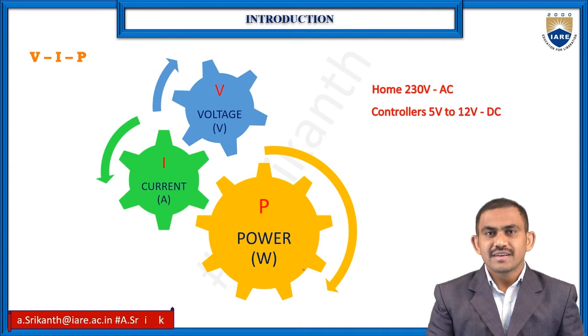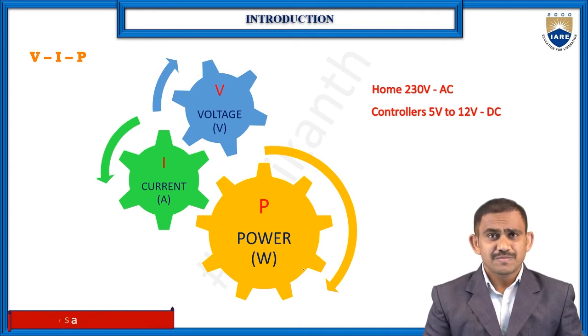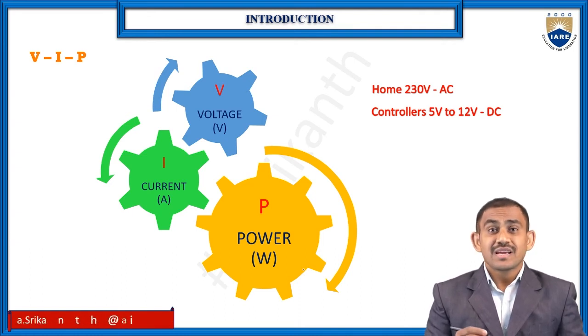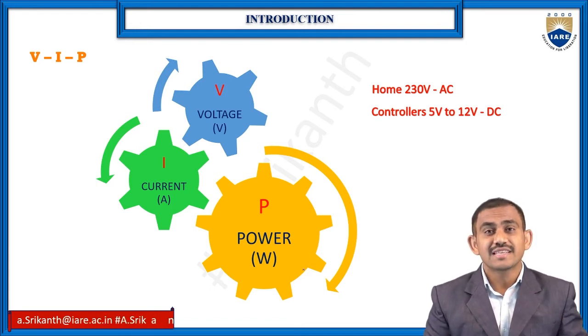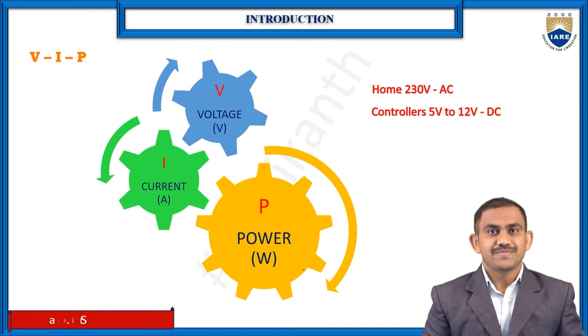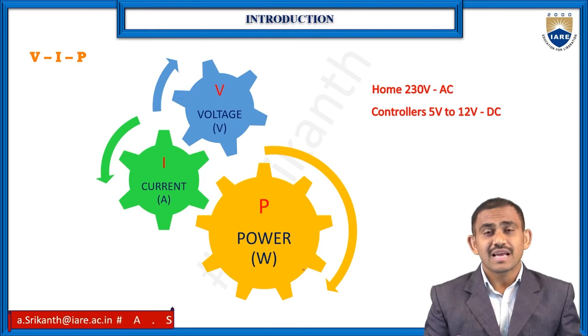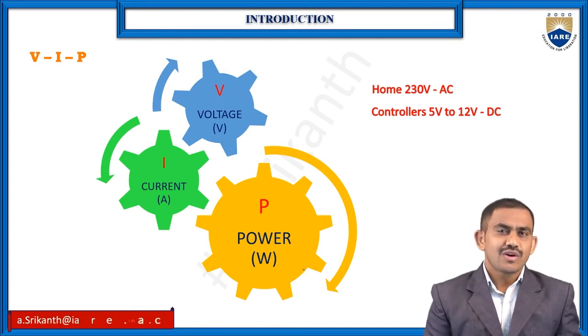Where we have batteries, there you are utilizing DC supply. Your LED TV also has a controller, and your phone also. Phone batteries are about 3.7 to 4 volts. So for controlling we utilize DC supplies, DC voltages.